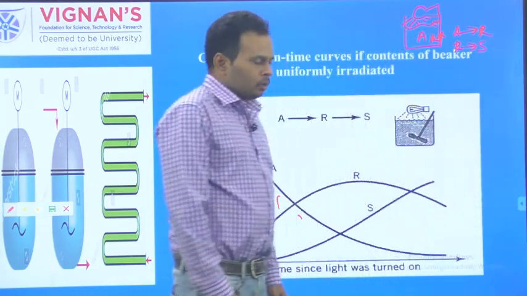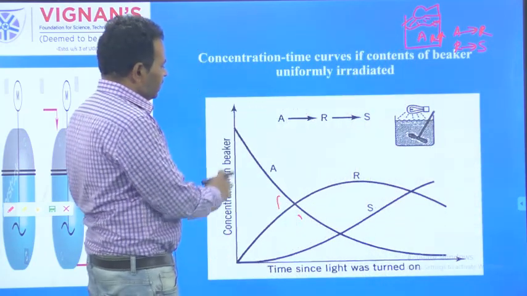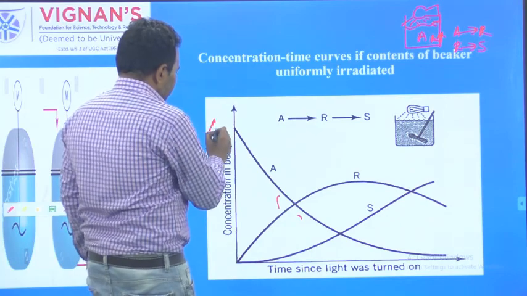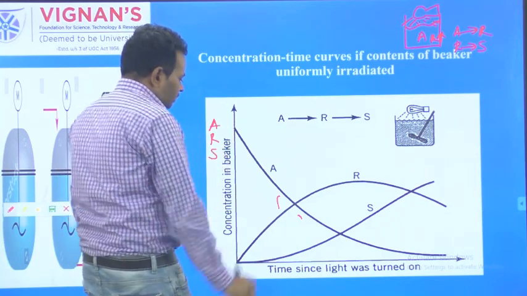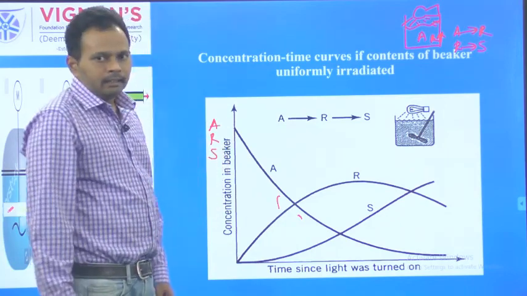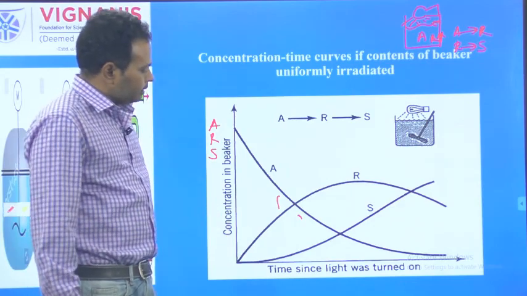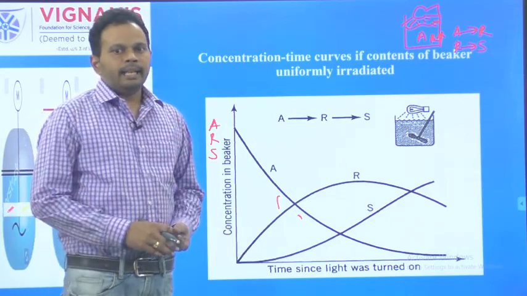So take the concentrations of the reactant components A, R and S on the y axis, and on the x axis take the time since the light was turned on.